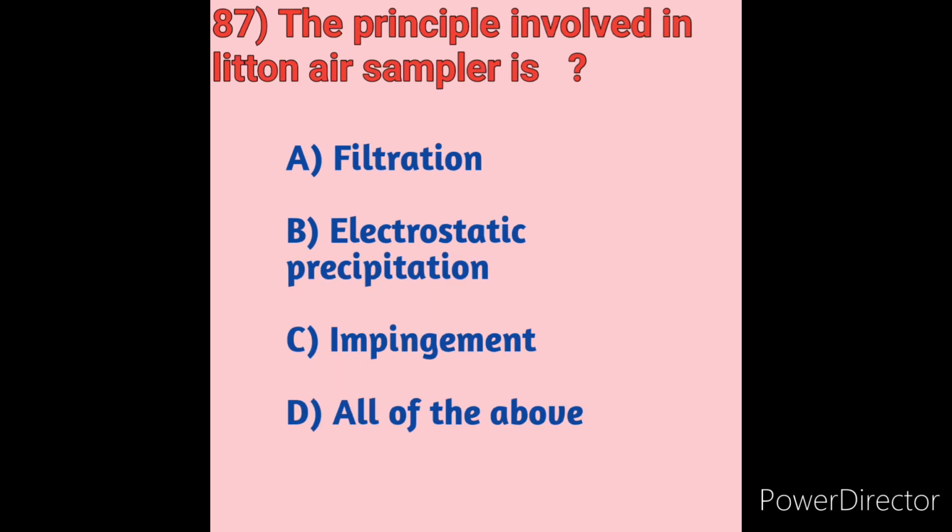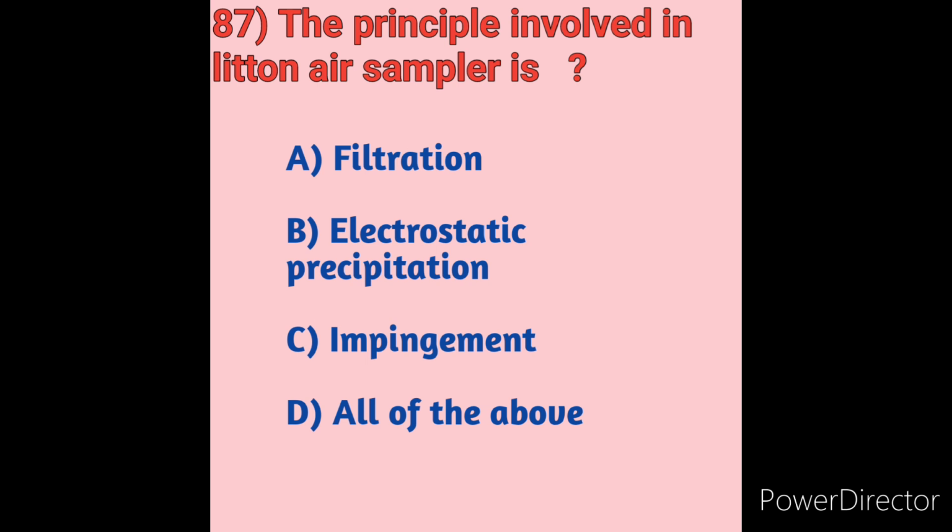What principle is involved in the Litton air sampler? We will see the options first. Option A filtration, option B electrostatic precipitation, option C impingement, option D all of the above.